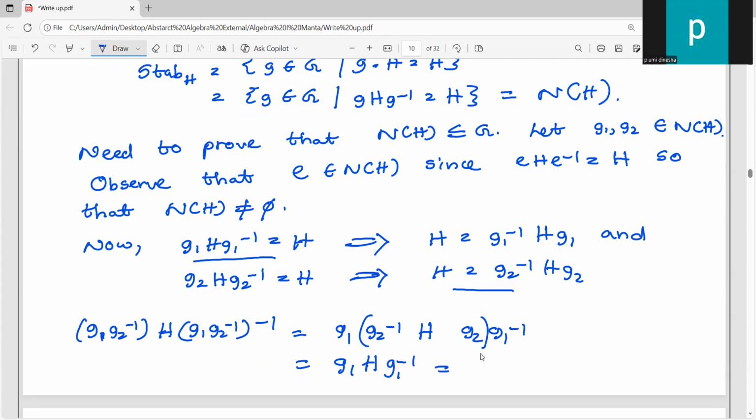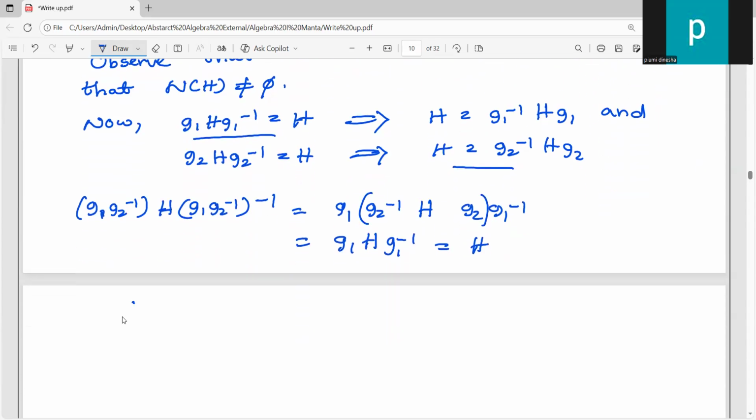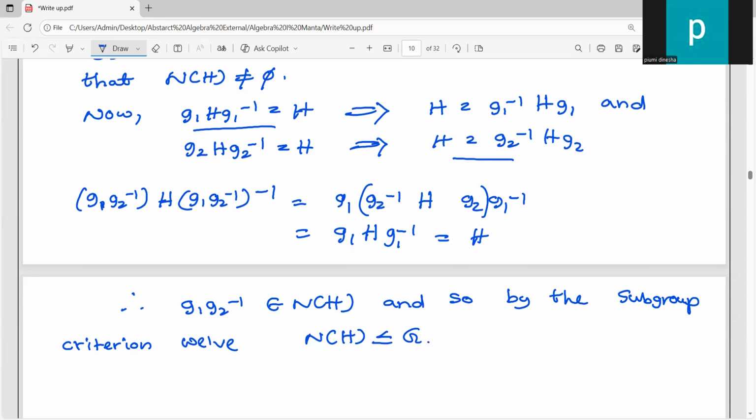Once again from here, this equals H. What does it say? By definition, G1 G2 inverse must belong in N(H). And so, by the subgroup criterion, we must have N(H) to be a subgroup of G.